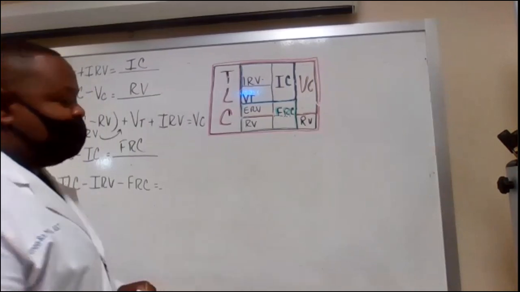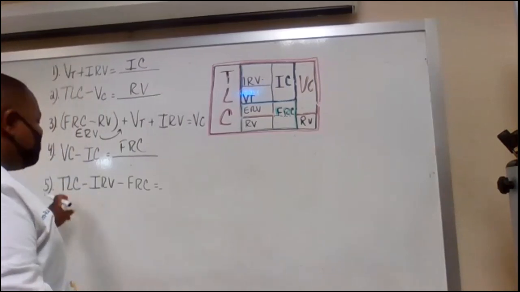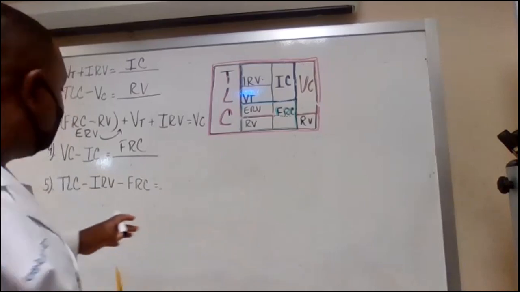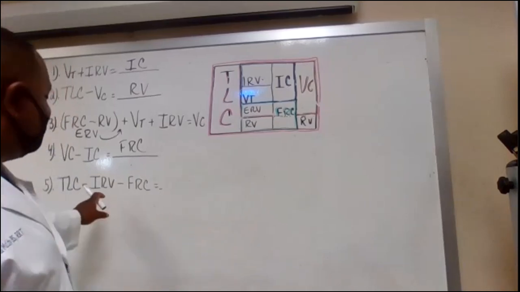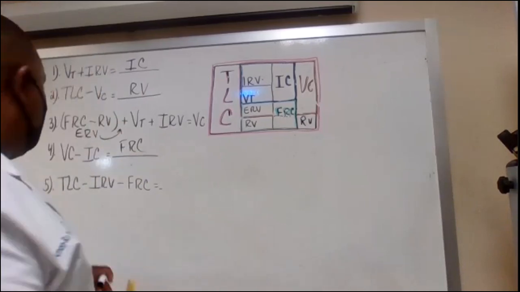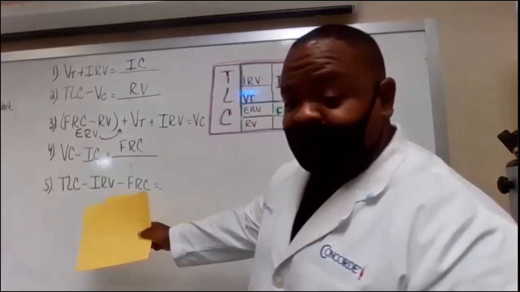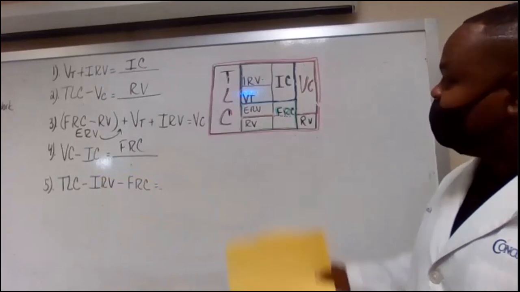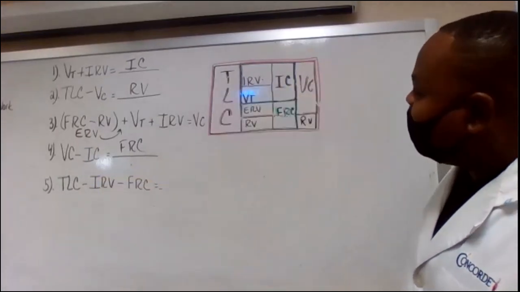And then finally, TLC, which is all of it. Total lung capacity minus the IRV minus the FRC. All right, so we have total lung capacity, TLC, that's all of it. Now let's subtract IRV.